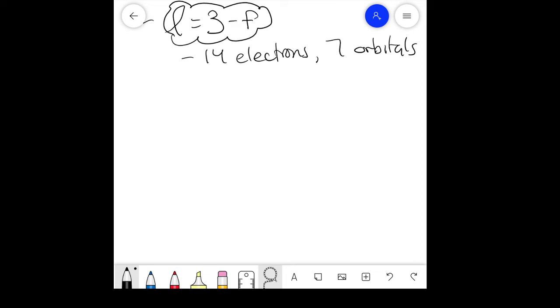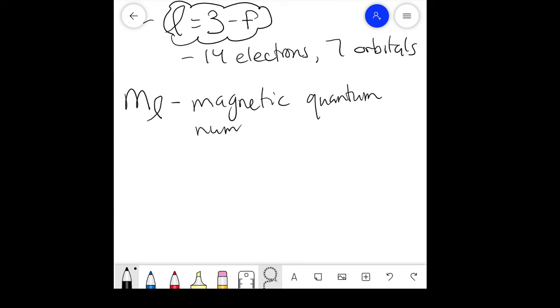Our next quantum number is M sub L, and that is the magnetic quantum number.